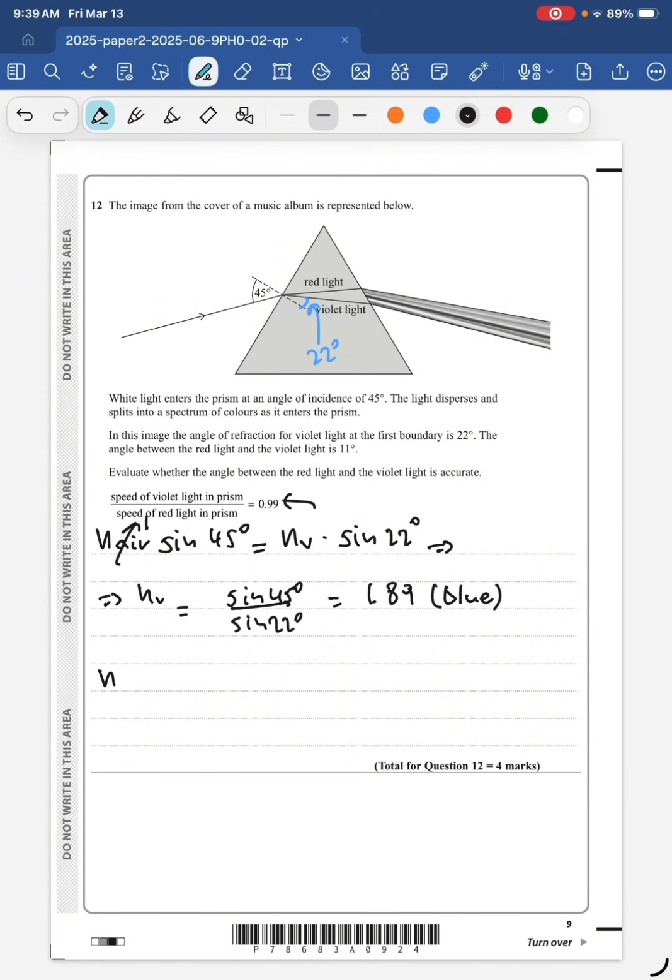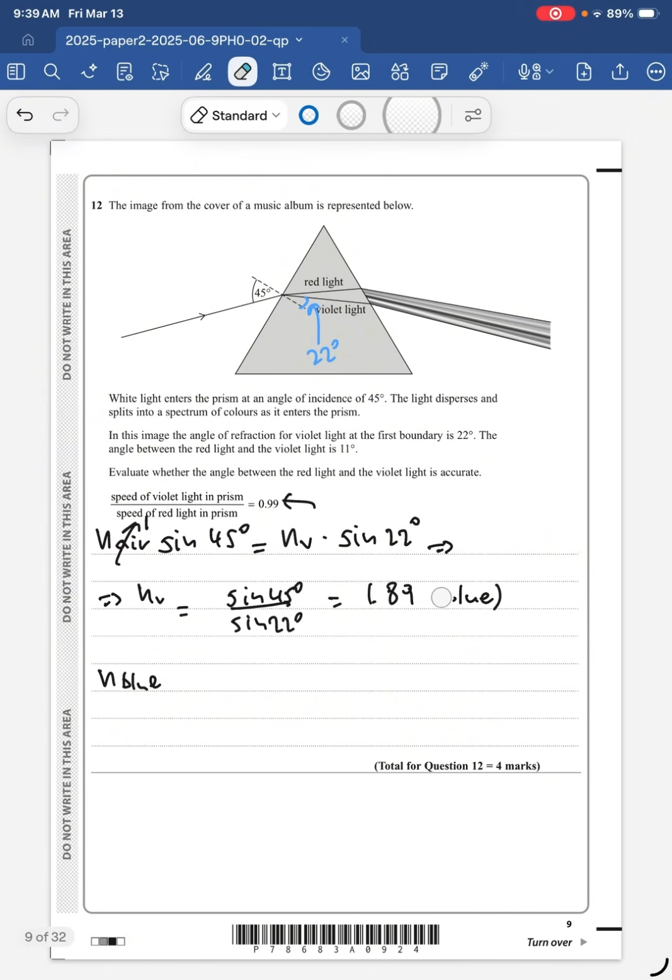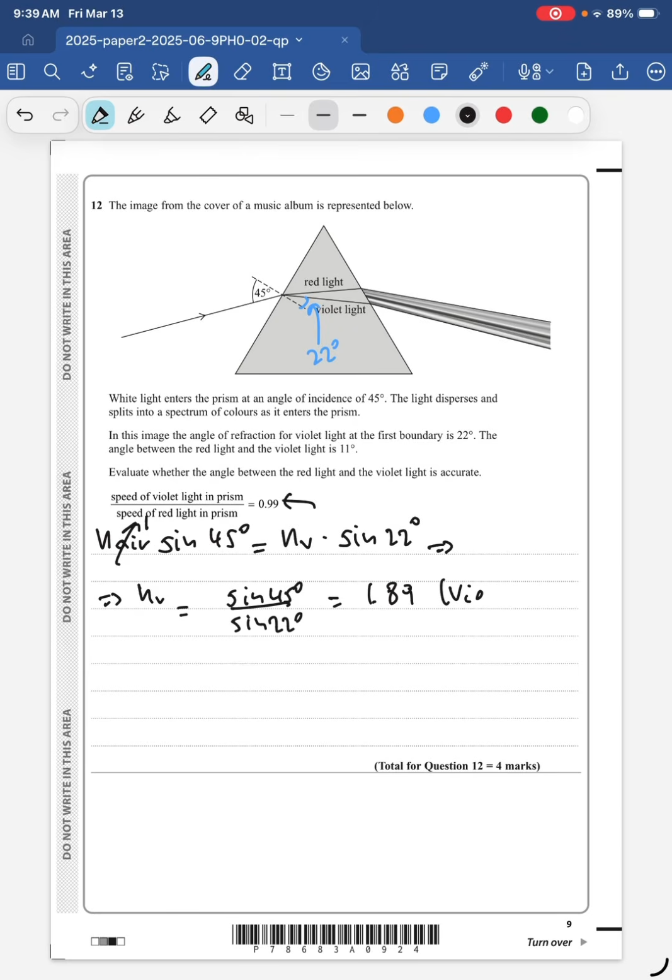So let's use the definition of index of refraction. So this is for violet, okay? So n violet is c over the speed of light for violet light in the prism. So v violet is c over n violet, which is 0.53 c.